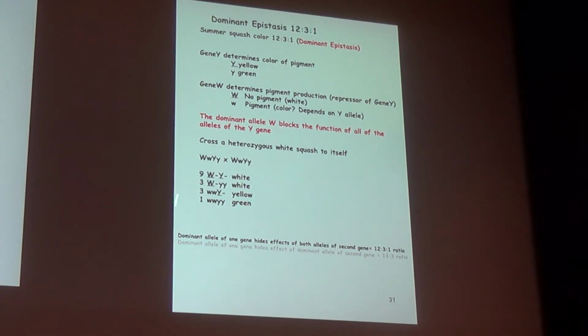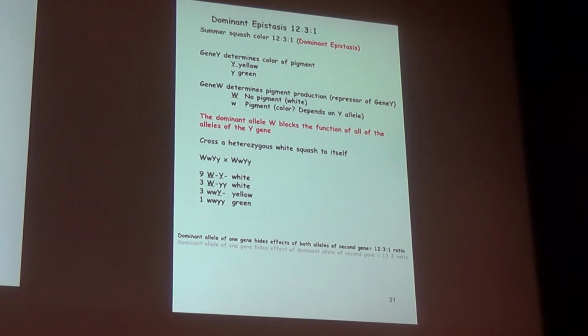The dominant allele of one gene, big W, hides the effects of both alleles of the second gene. It's hiding whether you're big Y or little y doesn't matter. Big W is hiding the effect of the Y gene. And so that's epistasis when you have a dominant allele.